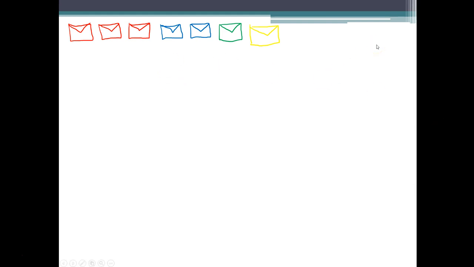All right, same scenario with envelopes. This time, let's select 3 at random. And this time it's without replacement.